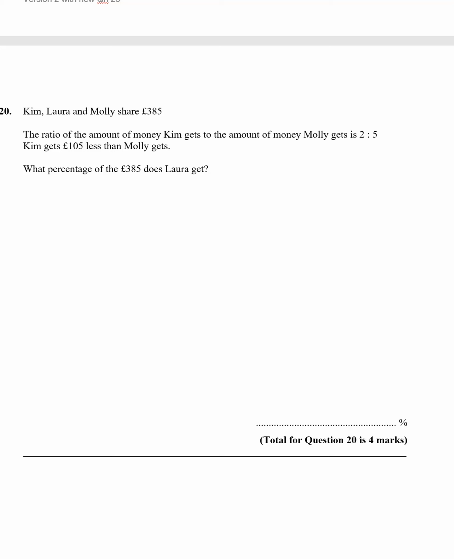Right, so we've got Kim to Molly is 2 to 5. Kim gets £105 less than Molly, so that's actually 3 bits. So we can do 105 divided by 3, which is 35.